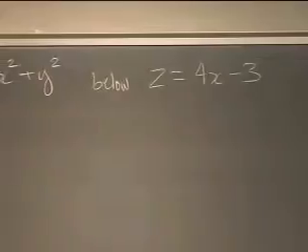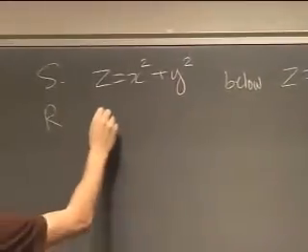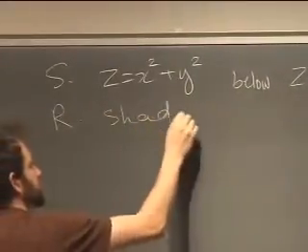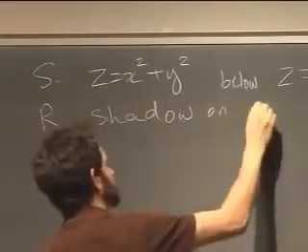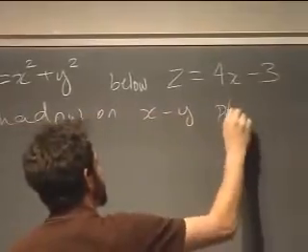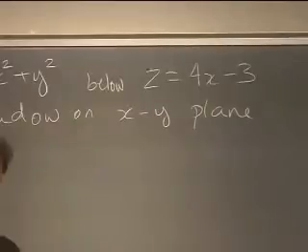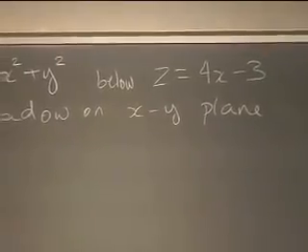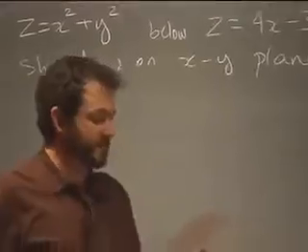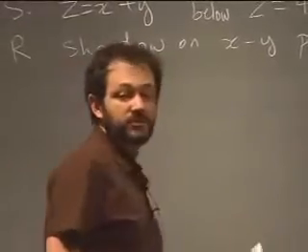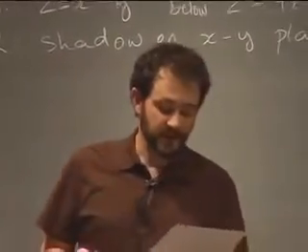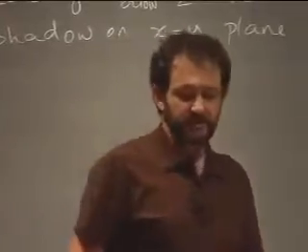R is the shadow on the xy plane. And you're supposed to set up but not evaluate an integral for computing the surface area of S in rectangular coordinates. That's the first part, and the second part's going to be in polar coordinates. So I'll give this back to you now.